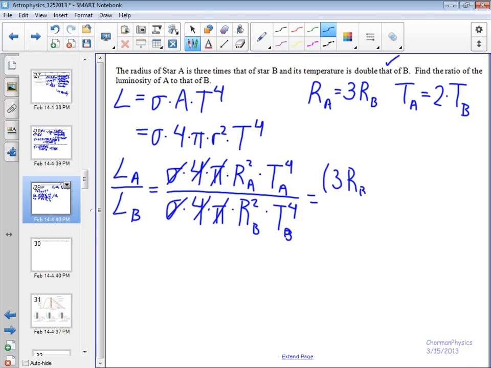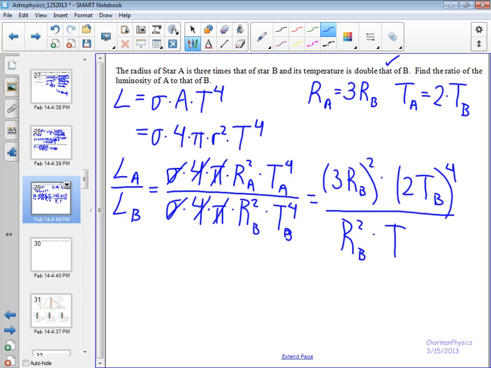All right, and then we can just substitute in all of our values that we have here on the top. Cancel these out, make life easier. All right, so we end up with 3RB squared times 2TB to the fourth all over RB squared and TB to the fourth.